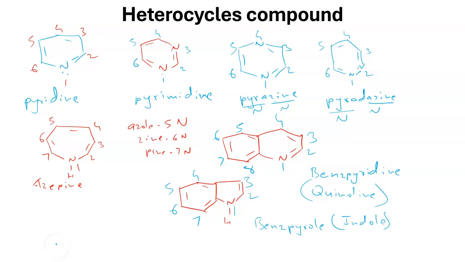Next structure is isoquinoline. I will write it here, isoquinoline. Iso, as I have already told you, means position number 2. Here there is a little exception in heterocyclic numbering, in that numbering does not start from the heteroatom.